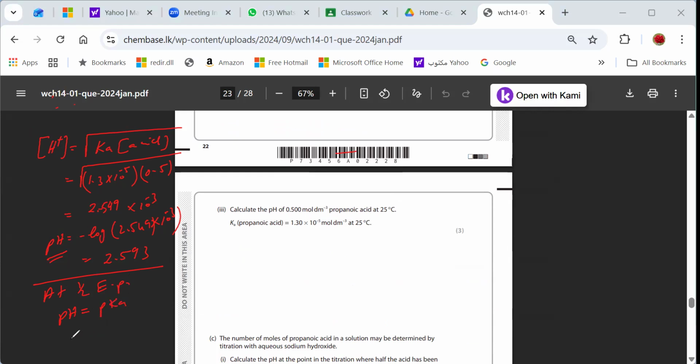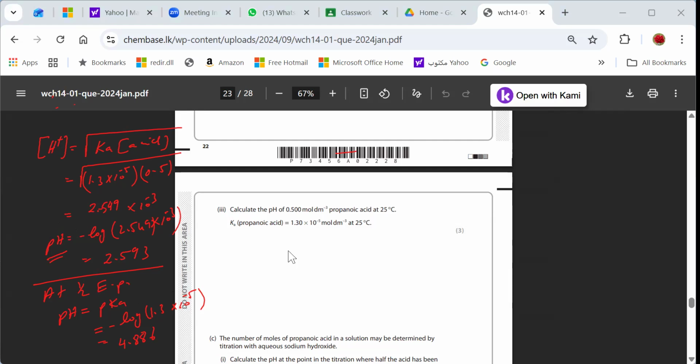This means that the pH is equal to minus log 1.3 times 10 to the power minus 5. So we get the pH 4.886.